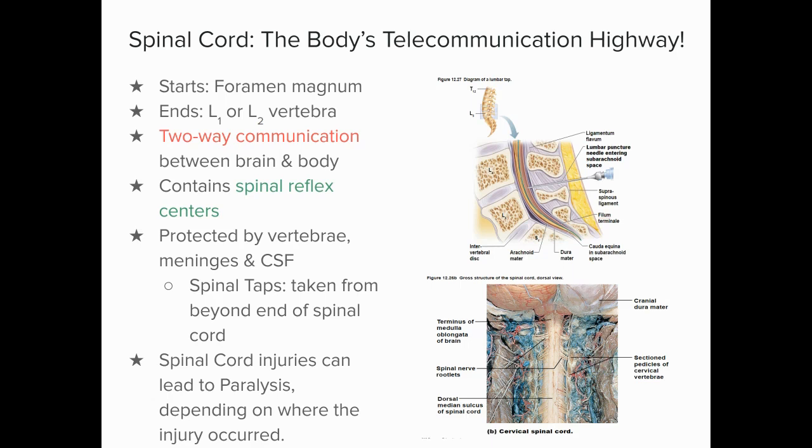Okay, look at your spinal cord. So it's taken beyond the end of the spinal cord, so you can see that right here. And, really important, and terrible, is if there's a spinal cord injury, it can lead to paralysis, and that depends on where the injury is. All right, guys, that is it.